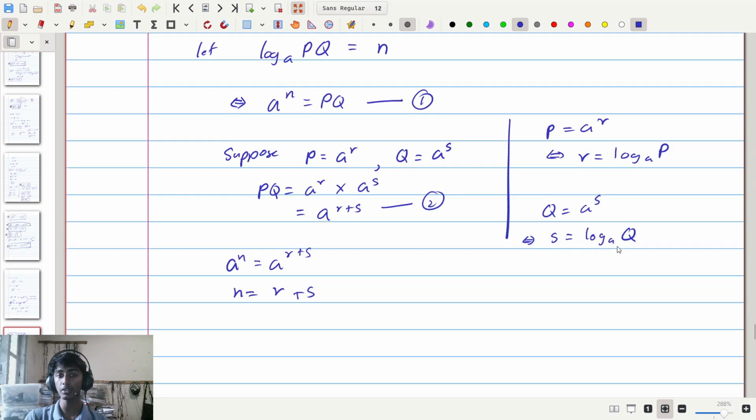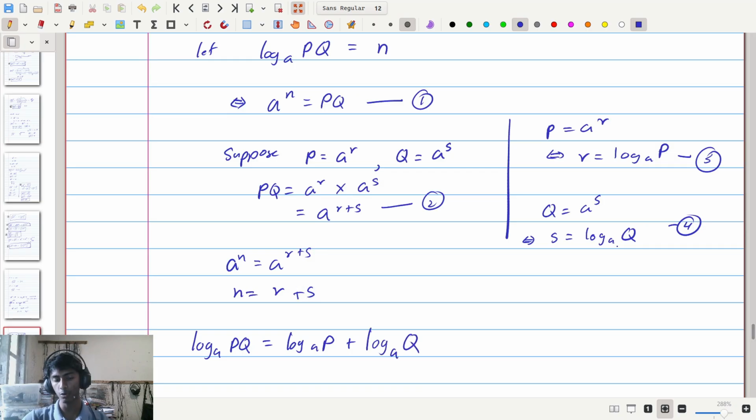So substituting these three into here, if we write this thing here as 3 and this as 4, substituting all of these into here, on the left hand side we have log base a of pq. It is equal to, on the right hand side, r, which is log base a of p, plus s, which is log base a of q.